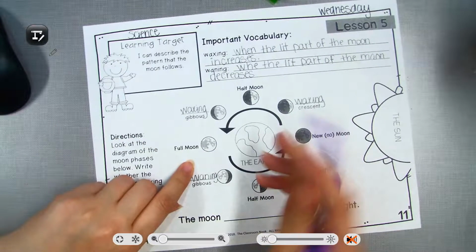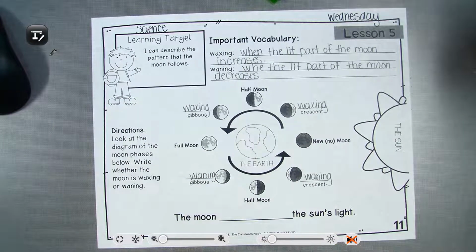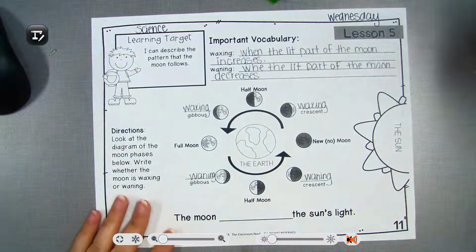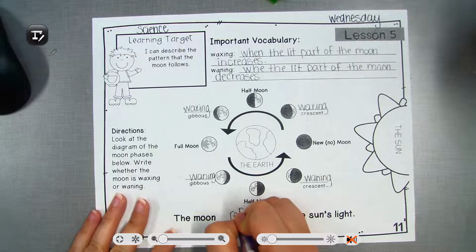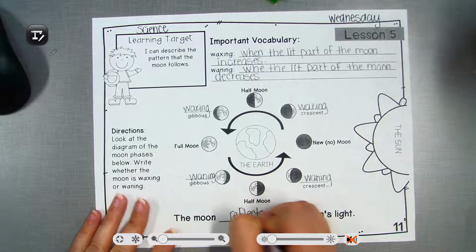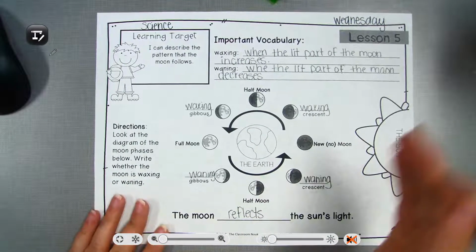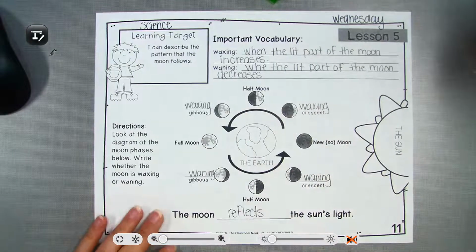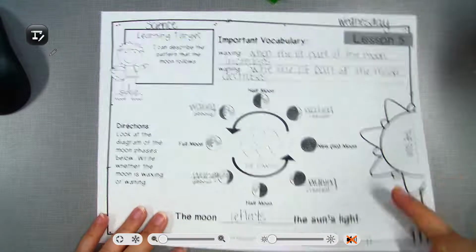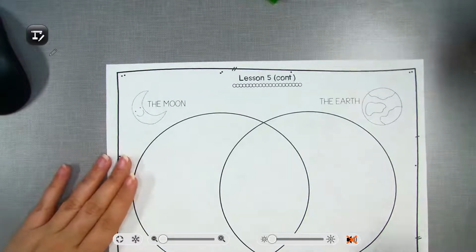And then we have a full moon where all the moon is lit up. So the moon reflects the sun's light. So here's the sun. Okay. On the back, you're going to do this on your own.